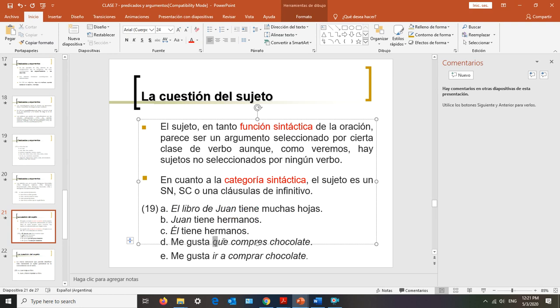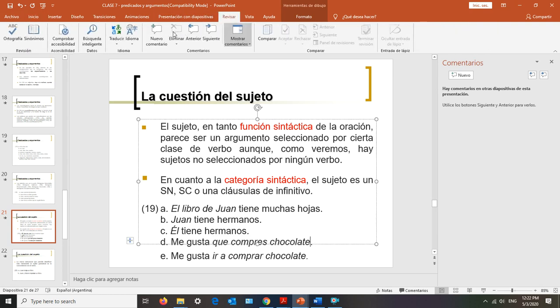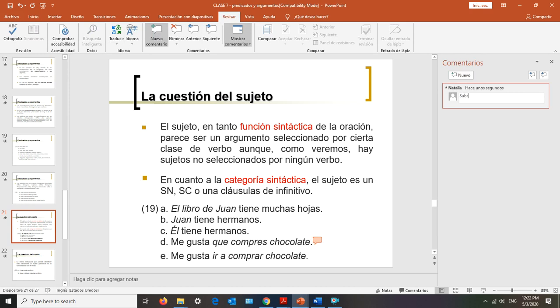Now, a sentence, que compres chocolate, una oración subordinada sustantiva, or a subordinate nominal clause, right?